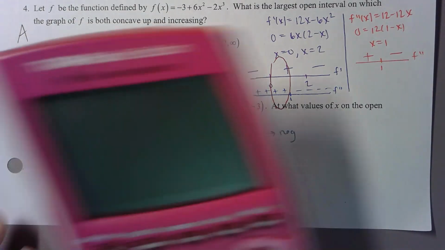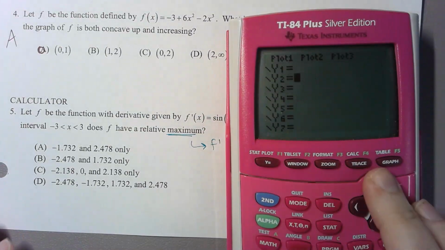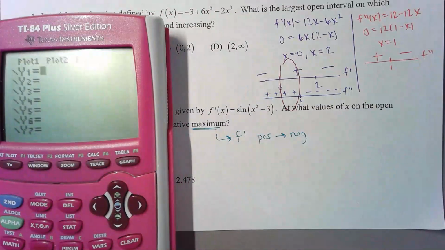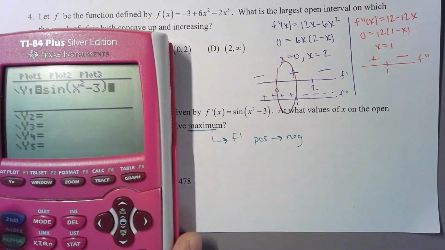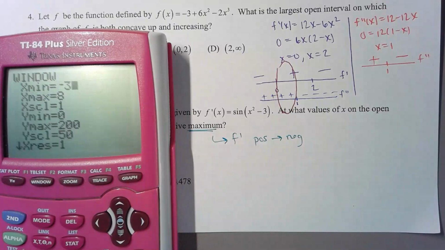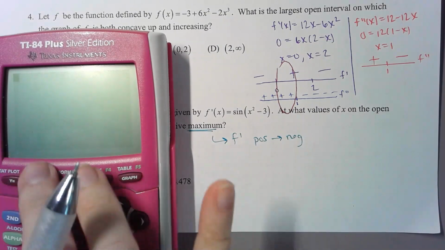All right, so I'm going to go graph my first derivative. Let's clear all of this out. Oops, I just covered it up. I have the sine of x squared minus 3, and I'm going to be smart and change my window to go from negative 3 to 3. Oh geez, now I've done it.